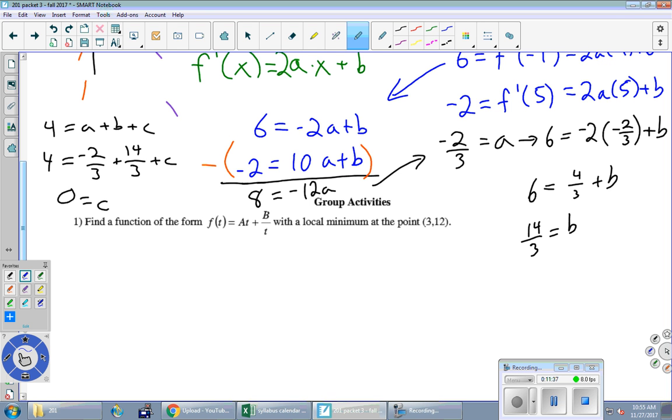Okay, so that means our final answer, f of x equals, so it was ax squared. That is negative 2/3 x squared plus bx, plus 14/3 x, and then plus 0, which I won't write.